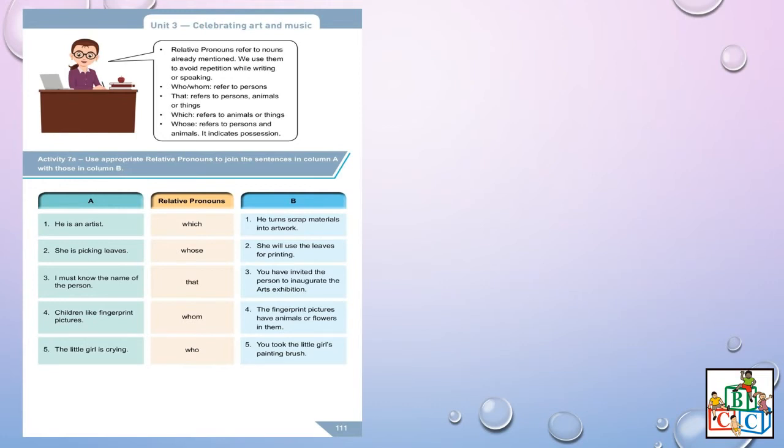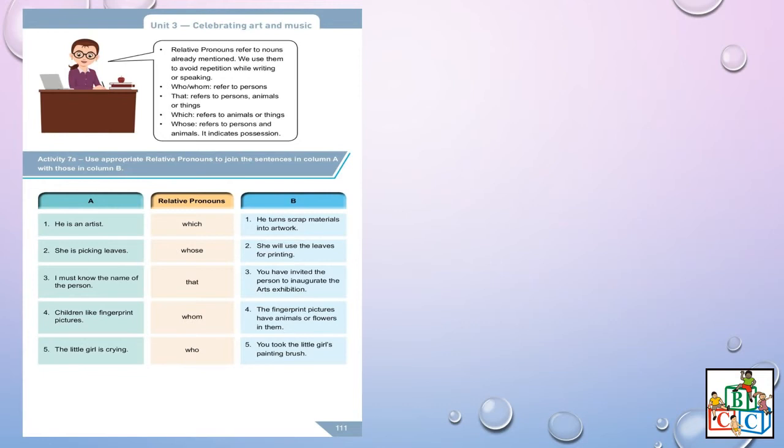So sentences from column A and from column B are in the correct form. You only have to add the relative pronouns. He is an artist. You cannot use which, you cannot use that.